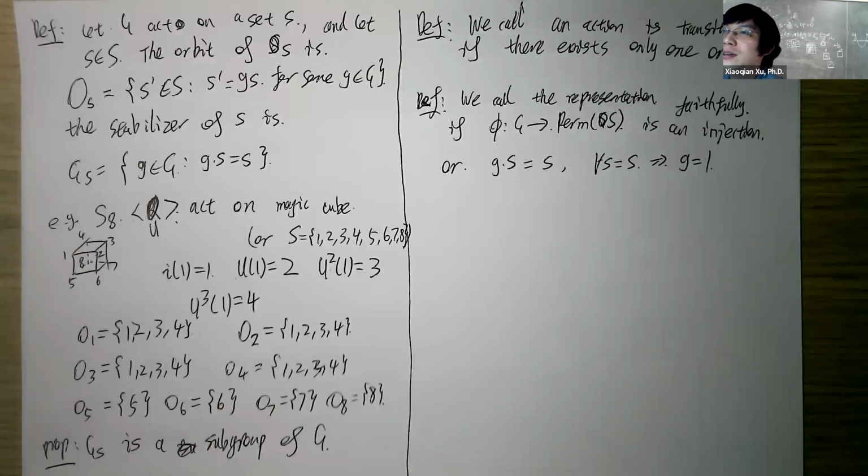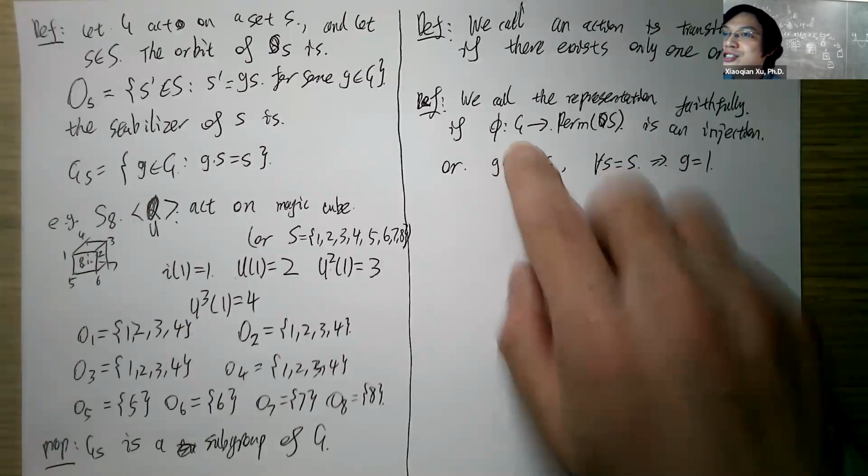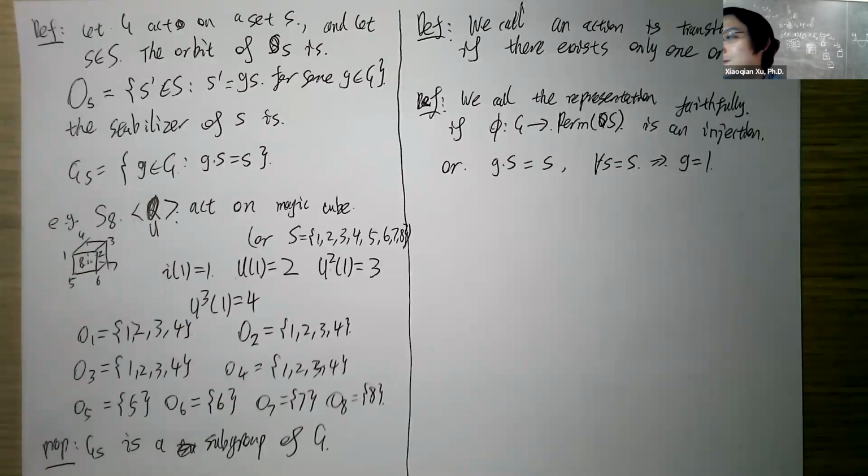There must be some representation or group action which is not faithful. Which means there might be two elements of G such that, acting on a set S, you cannot see the difference between these two elements, which is why we call this kind of representation not faithful.